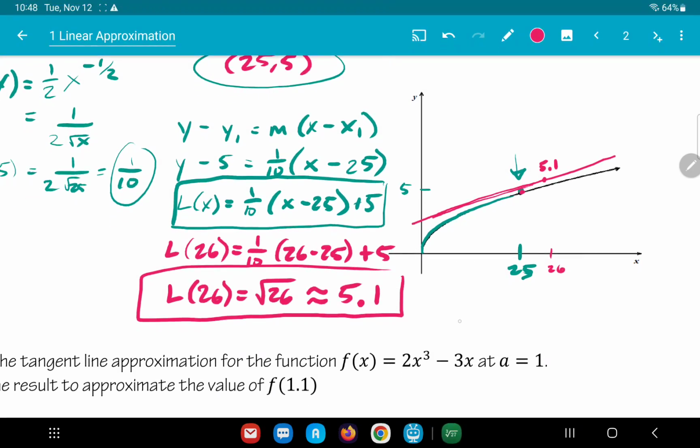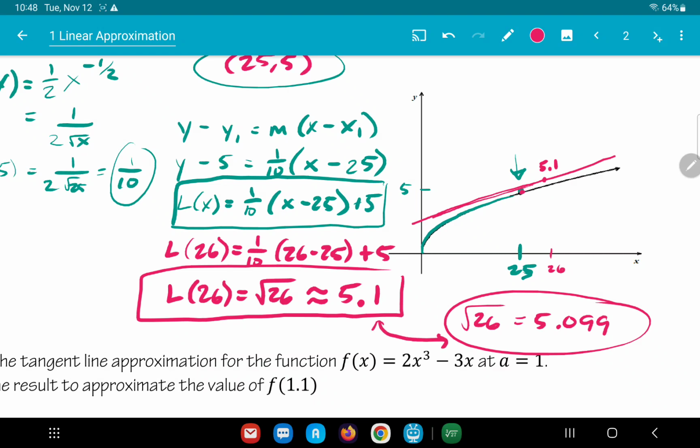So the actual value of root 26 is 5.099. You'll notice that our number was really, really close to it. That's exactly what we're doing. We're getting an approximation of the true value without actually needing a calculator for this.